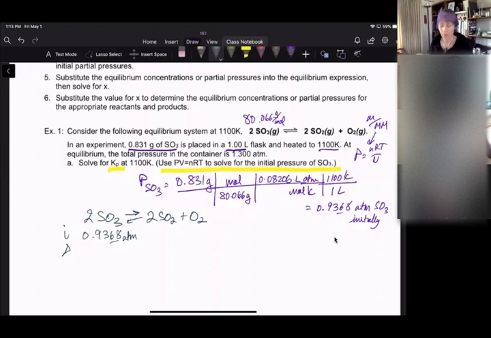So starting just with that reactant, so these both start with 0.